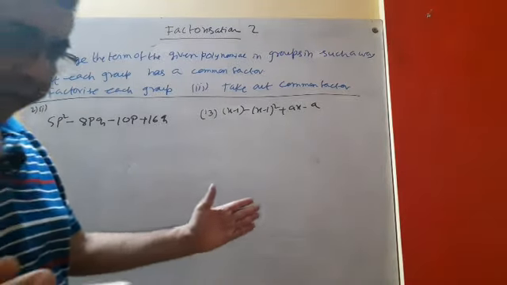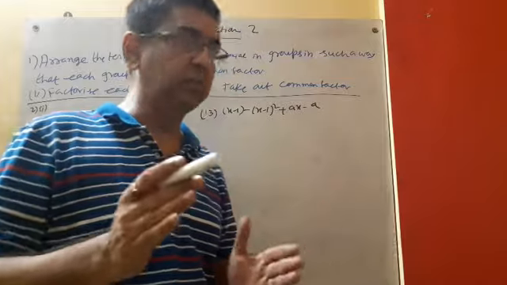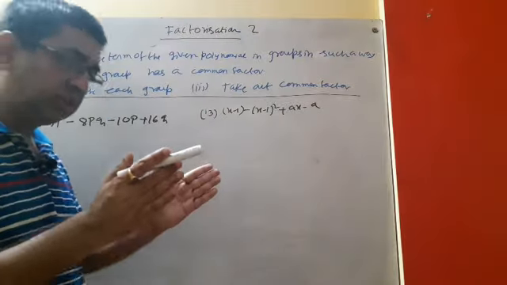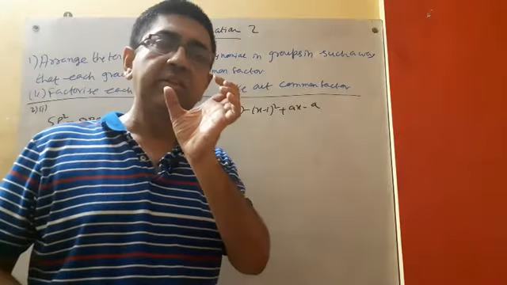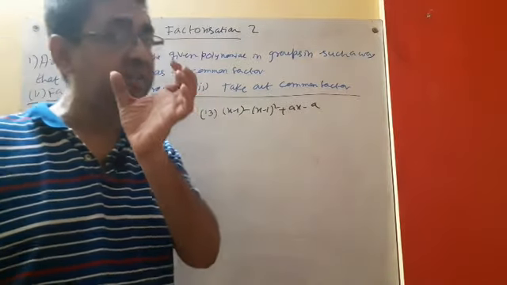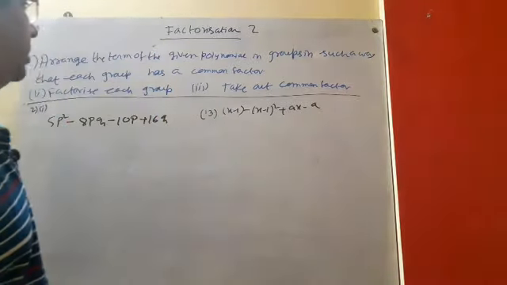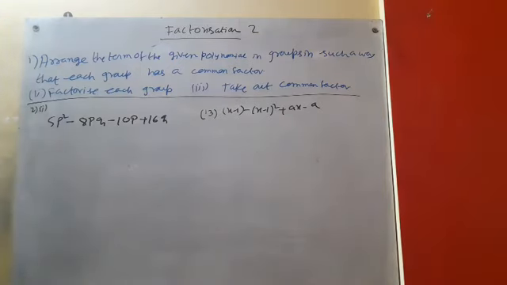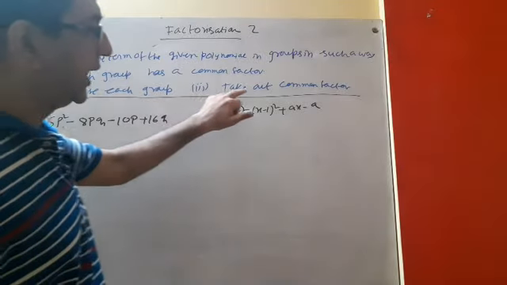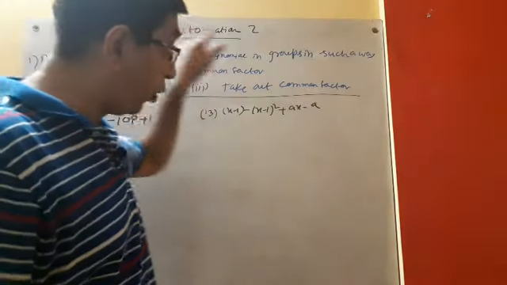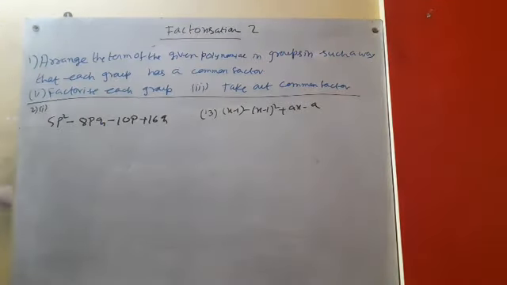That means we have to arrange the polynomial in such a way that from each group we get the same quantity, the same polynomial. Then that polynomial should be taken common. Then we factorize each group and take out the common factor. We'll follow these steps.